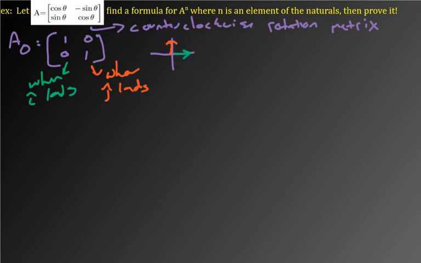But if I do something like, and then do this horrible notation, pi over 2, so if you do cosine of pi over 2, you get 0, sine of pi over 2 is 1, negative of 1 then is negative 1, and cosine is still 0. And so now, if you think about it, this is where i hat lands after a counterclockwise rotation of pi over 2.